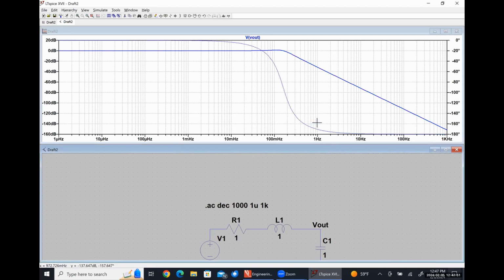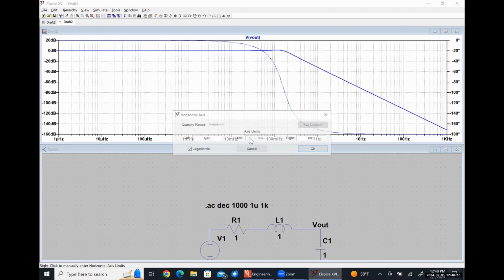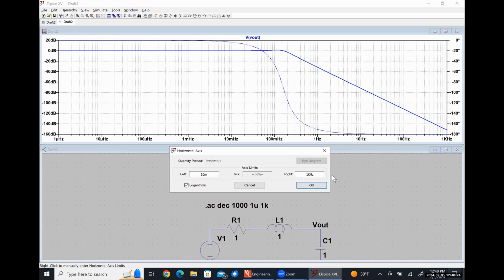So largely this looks exactly like what we would expect for a low pass filter, right? Notice, however, that there is a little bit of a hiccup going on here, okay? So if I were to zoom in the area between, let's say, 100 millihertz or so and 1 hertz, let's just put this from 10 milli to 1 hertz.